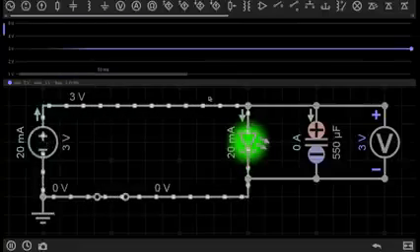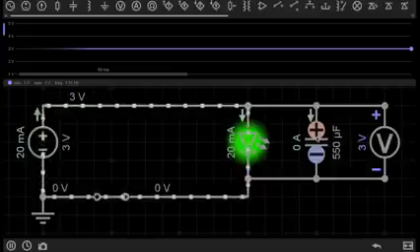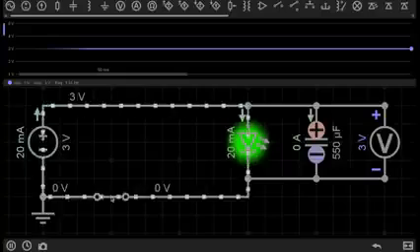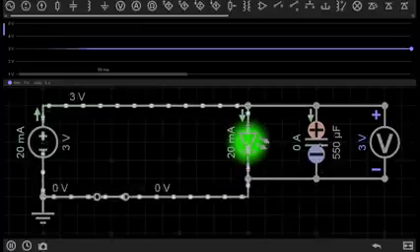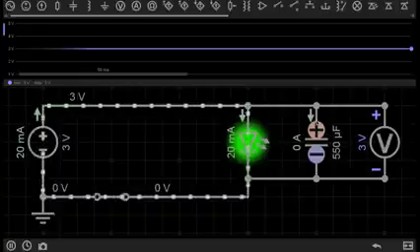So the power supply is lighting the LED, but it has also charged this capacitor up to 3 volts. When I now flip this switch, what will happen is the capacitor will then start feeding this LED, as the capacitor is acting as a power supply for this LED until the voltage of the capacitor is too low to power the LED.